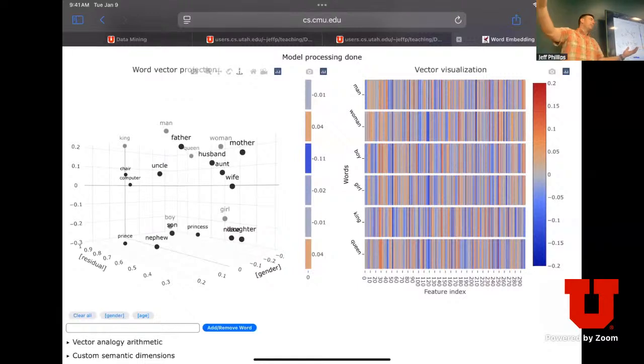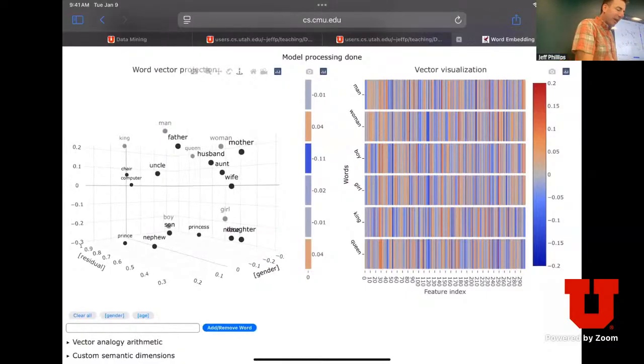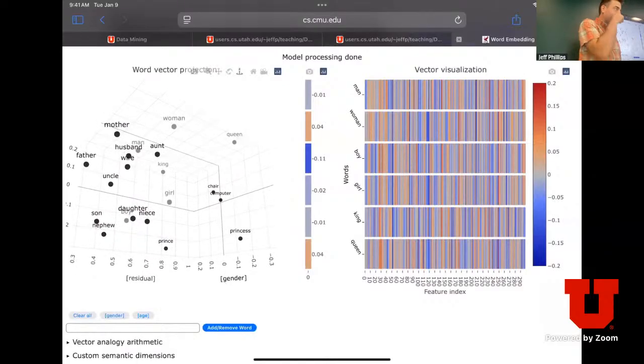But Duke mostly shows up as the university, not as the Duke who is part of royalty. And so its embedding is not where you would expect it to be in this context, because these words have other contexts and meanings than what you're probably thinking about here. So it's challenging to figure out how to get this to work.